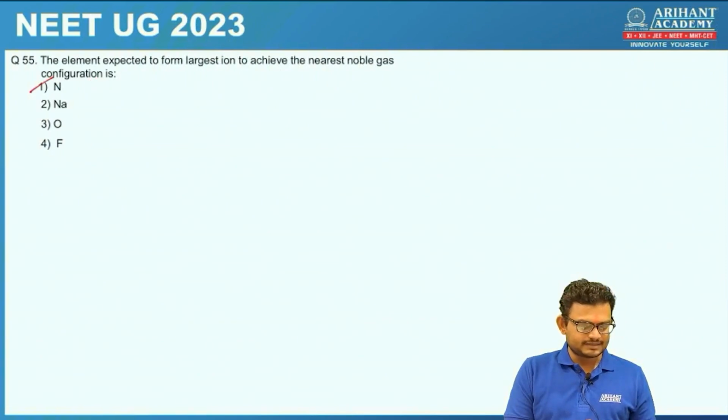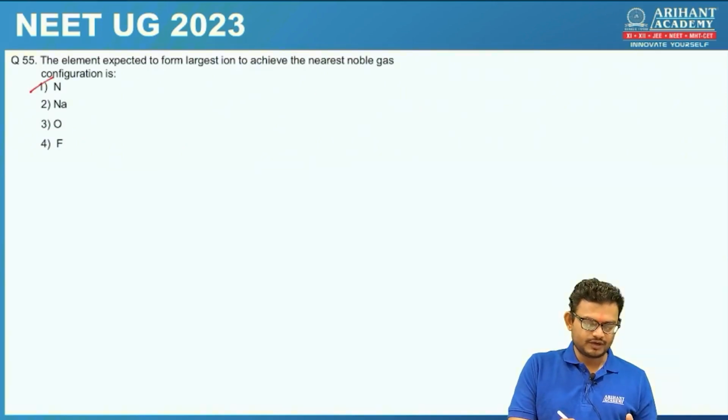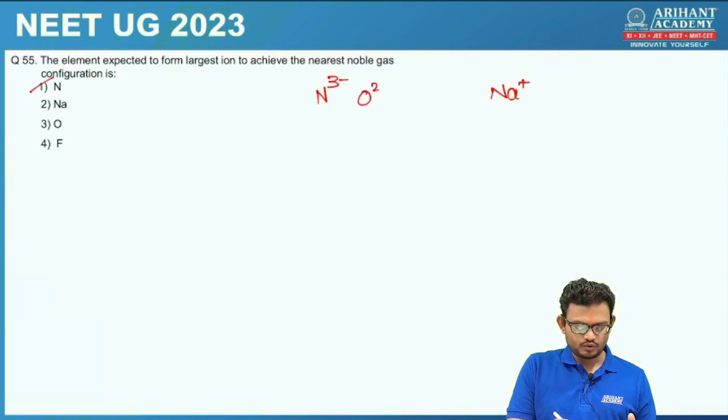The element expected to form largest ion to achieve the nearest noble gas configuration is. Now they are asking us the largest ion formed to achieve the nearest noble gas configuration. Meaning nitrogen would have noble gas configuration when it would be 3-, sodium would be Na+, oxygen would be O2-, and fluorine would be F-.